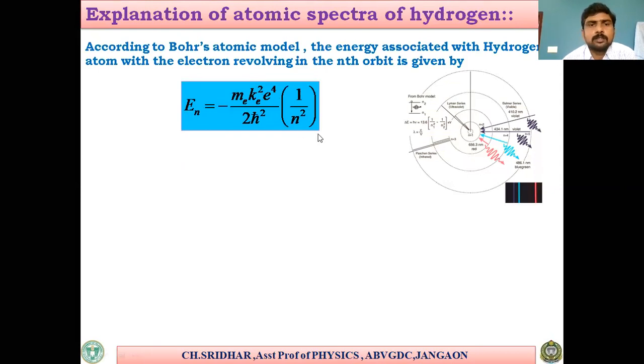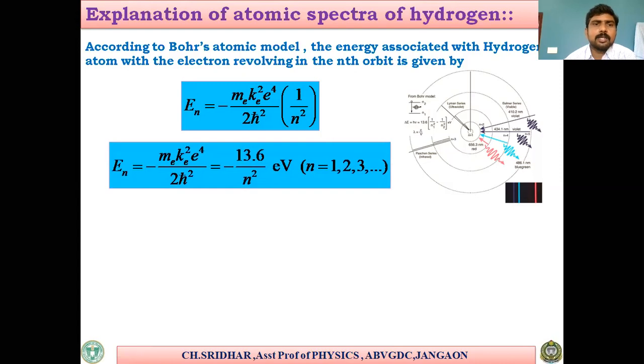Then En equals Me Ke square e to the power of 4 by 2 h cut square, which equals minus 13.6 divided by n square electron volts.